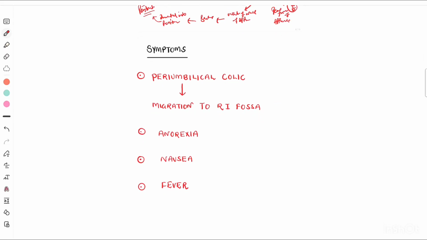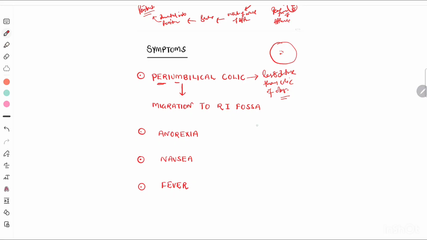in the OPD? So there will be peri-umbilical colic. Peri-umbilical means around the umbilicus there is colicky pain, and the main difference between intestinal colic and appendicitis colic is that this colic of appendicitis is less intense than the colic of obstruction, and it's mainly around the umbilicus.